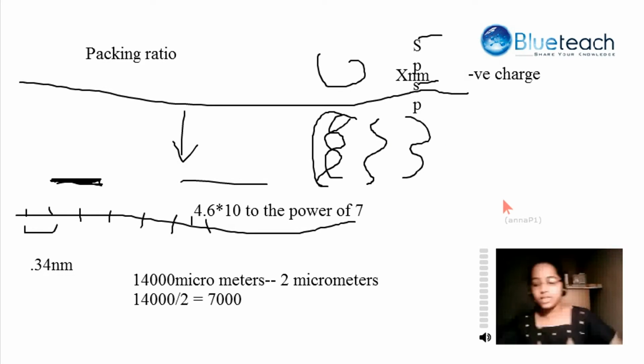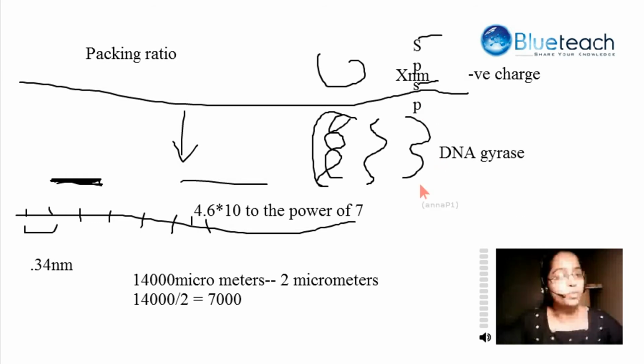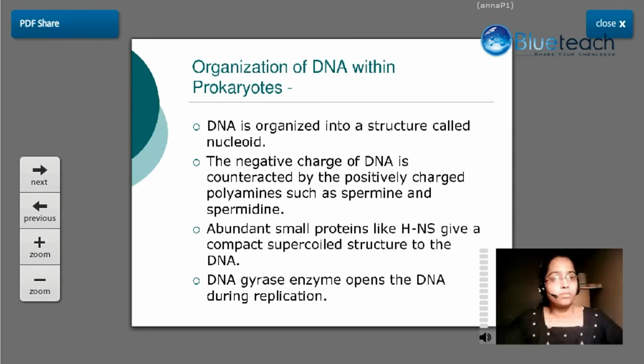So what is the enzyme? That is DNA gyrase, an enzyme which opens up and makes it ready for the replication. Opens up the DNA during replication.